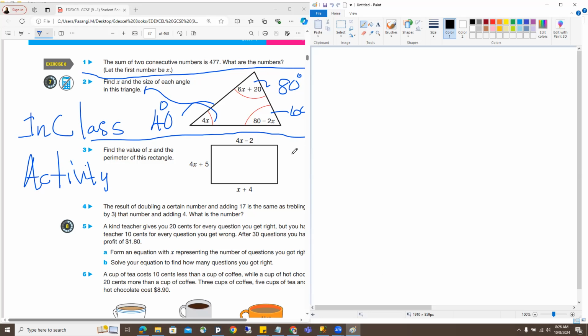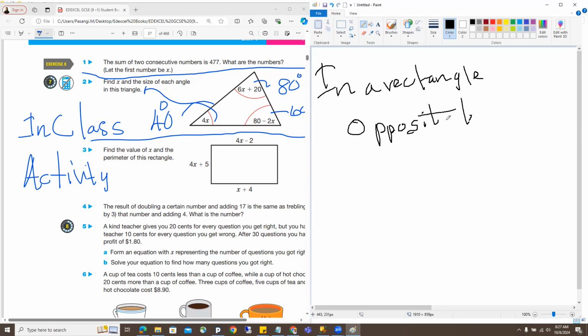In a rectangle, the lengths of the opposite sides are equal. In Sinhala we call them Rujukonasrayana. In a rectangle, the opposite lengths are equal.